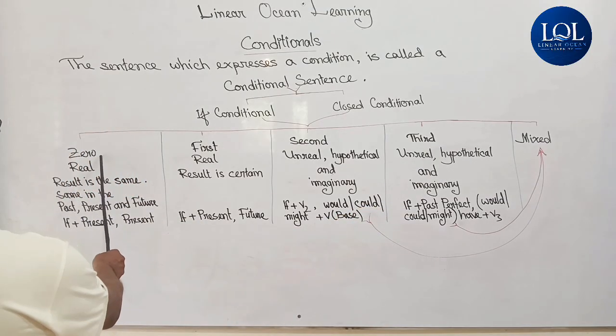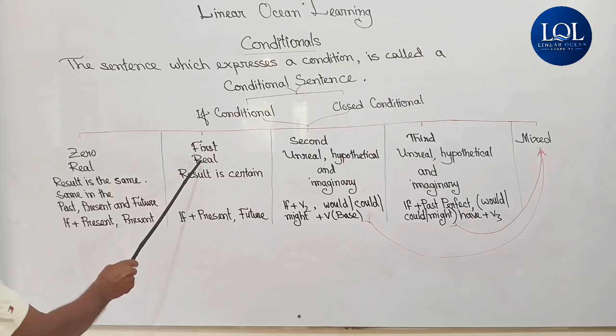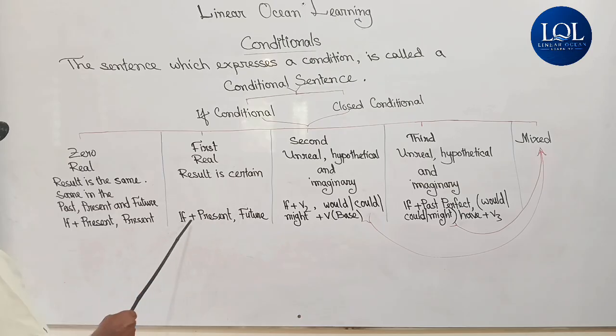Zero conditional is real, result is the same in the past, present, and future. And its structure is if plus present. This is subordinating clause, and principal clause will be present. It is real. First conditional, this is too real, result is certain.